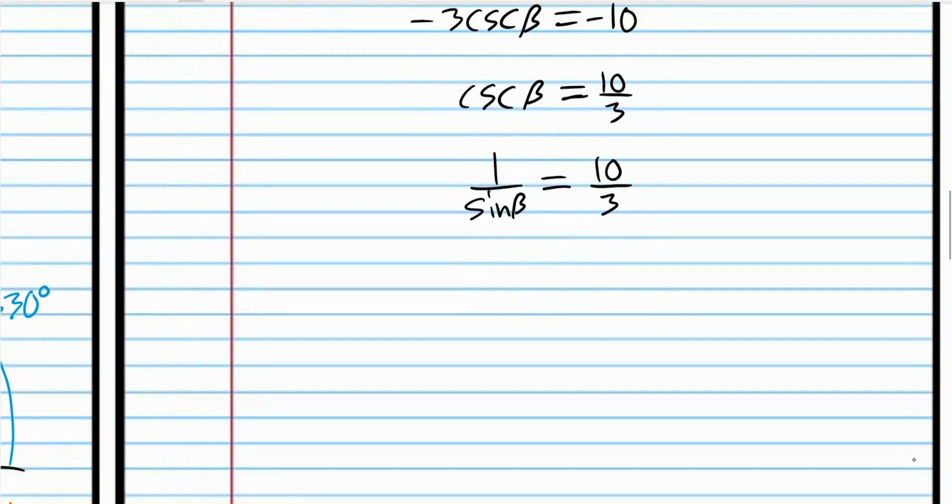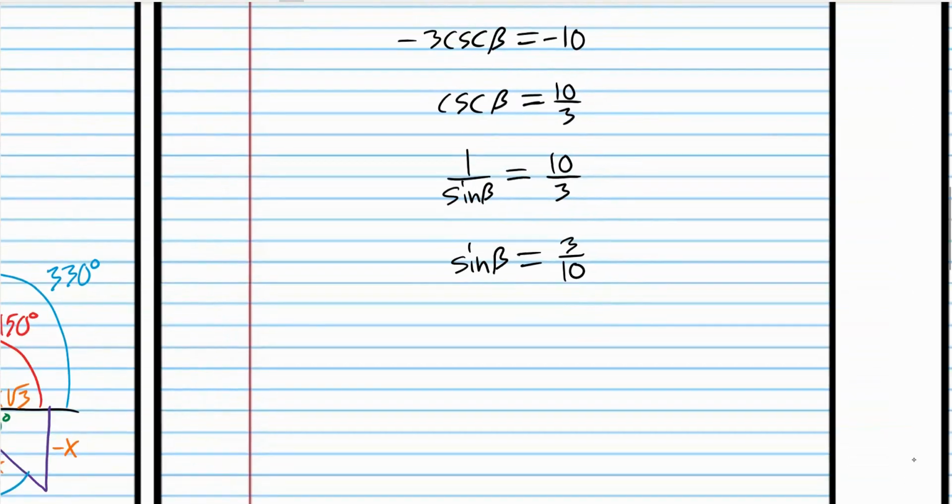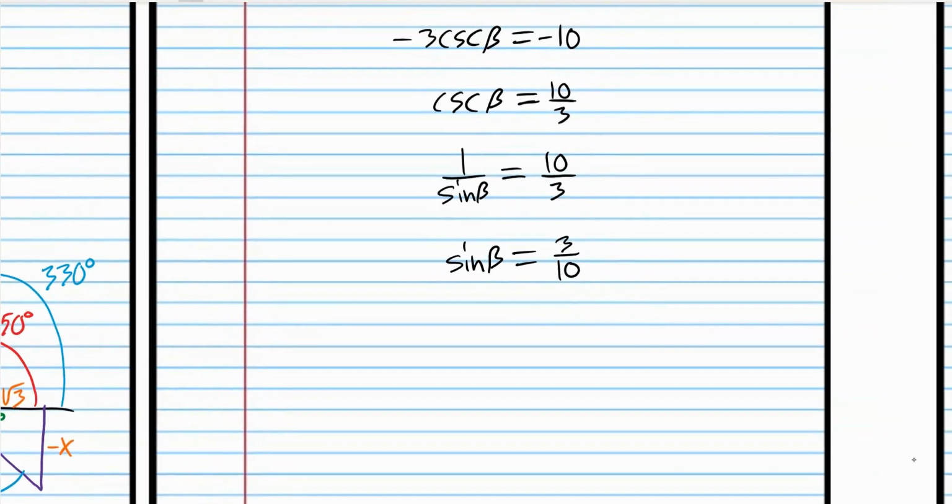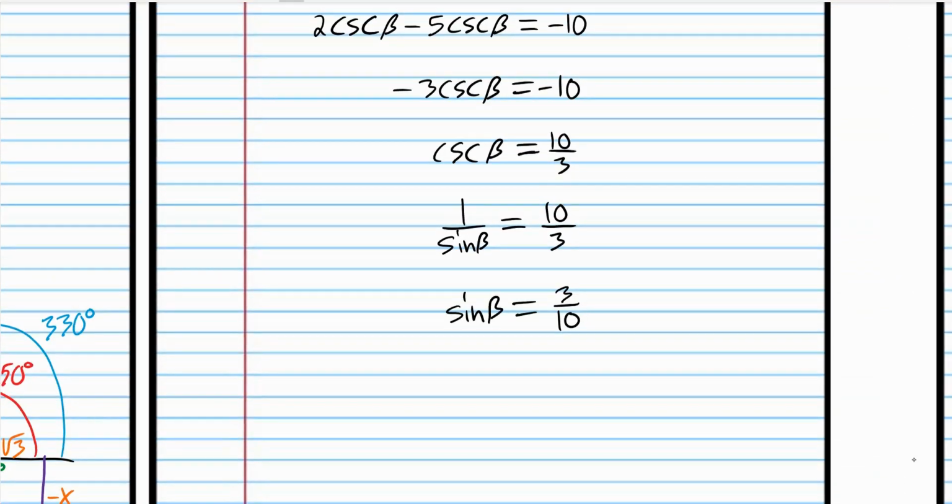And if we flip both sides, again, there's a lot of different ways to do this. You could cross multiply, but really all you have to do is memorize the fact that cosecant beta is the reciprocal of sine beta, so you can just flip the fraction.